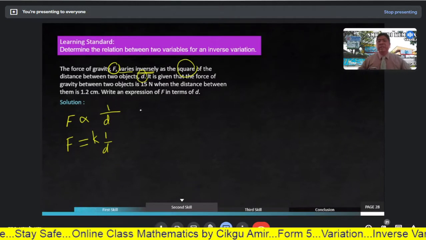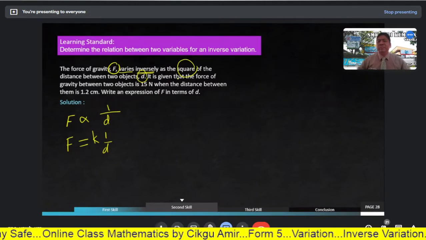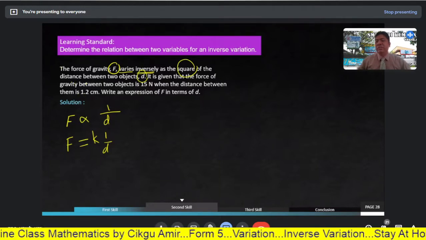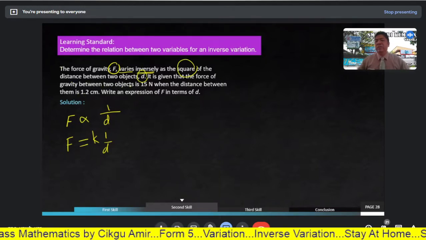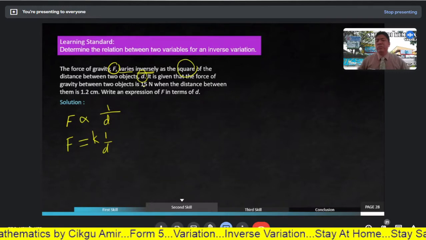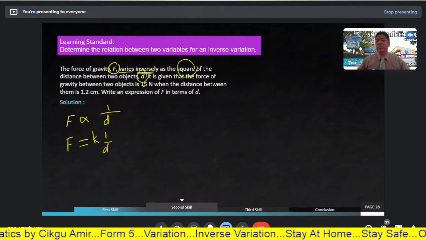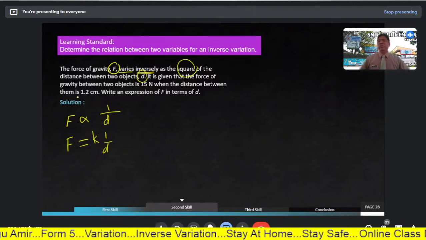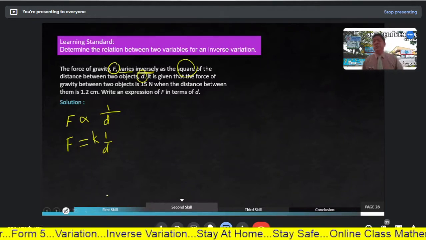It is given that the force of gravity between two objects is 15 Newton when the distance between them is 1 over 2.